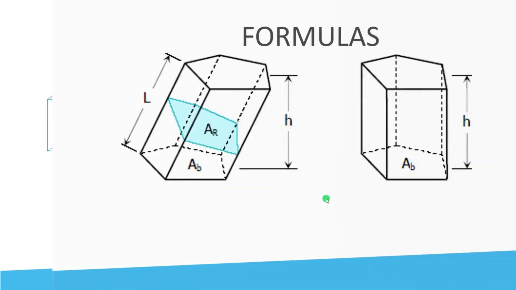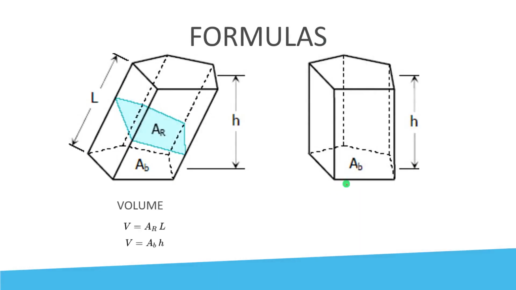So what is the formula for computing the volume? We have here two prisms. This one is an oblique prism, and the other one is a right prism. As you can see, a right prism is where the base has perpendicular lateral sides or lateral faces.